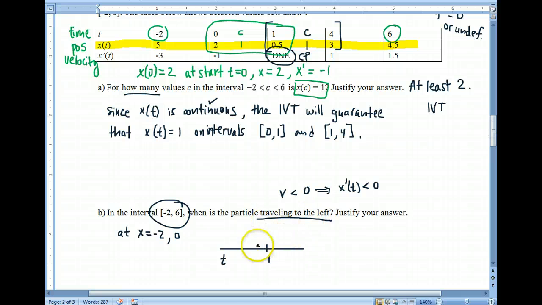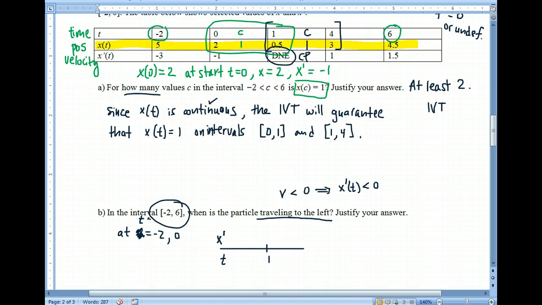So that means all the changing of x prime is going to happen at t equals 1. So I'm either going to say for t less than 1 or t greater than 1. I know it's not happening at 1. This should have been t.